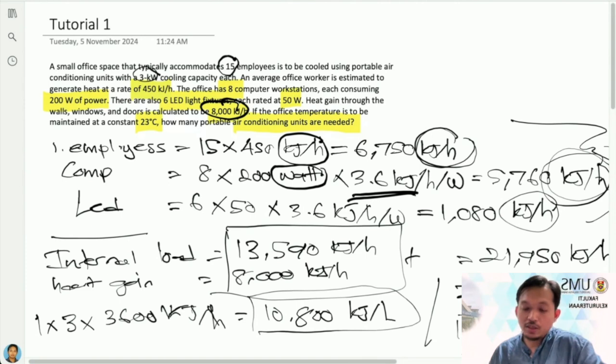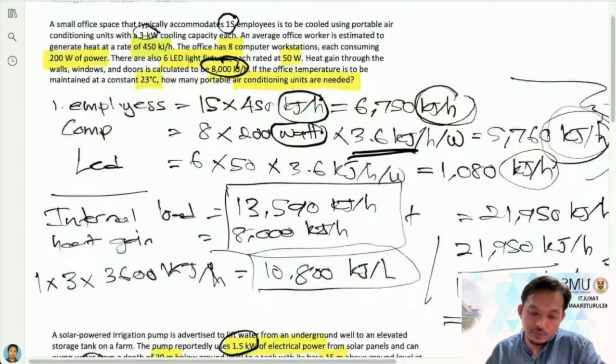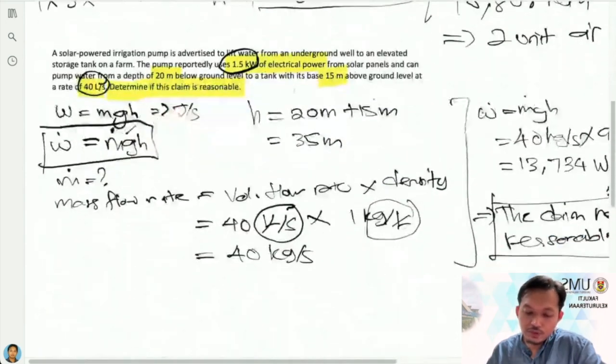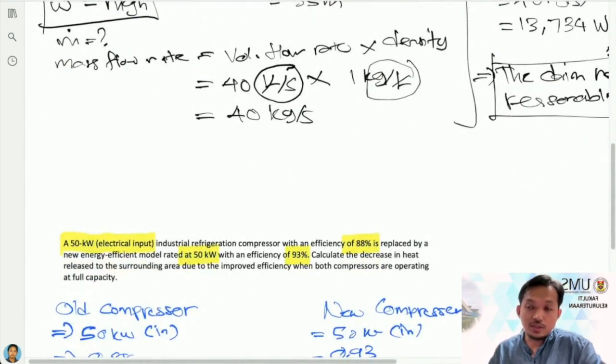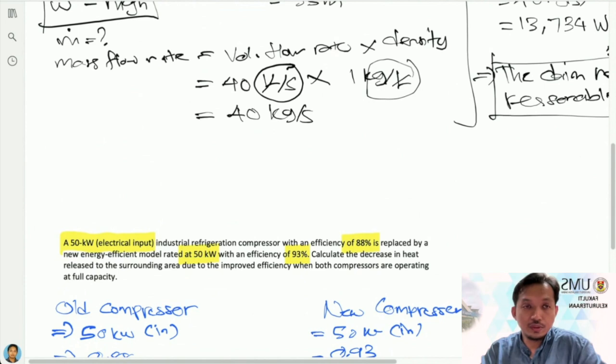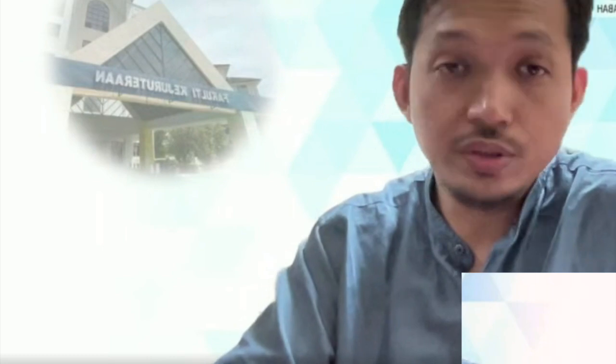Of course, you can also find them in the solution manual. Okay. So for our first tutorial today, it's a very short one. We just discussed these 3 questions. Okay. So I think with that, we have discussed the tutorial questions for today.